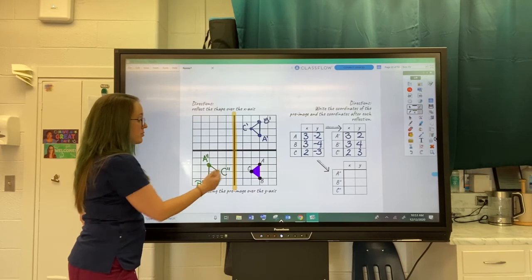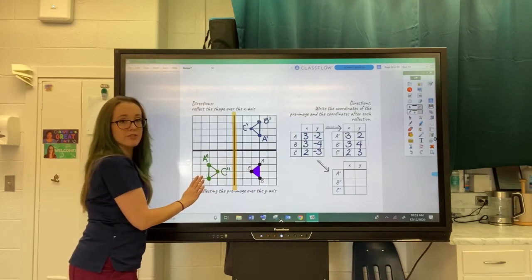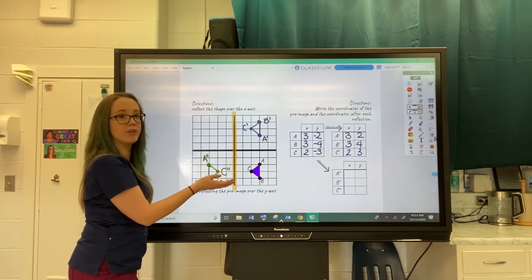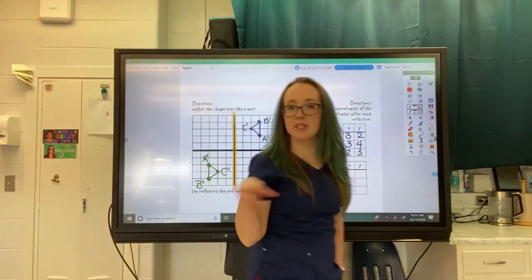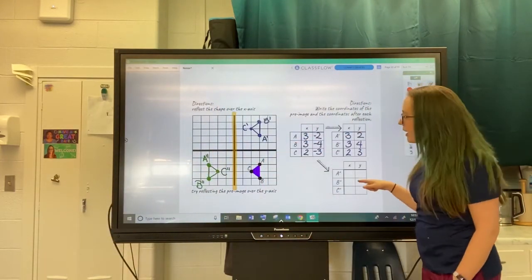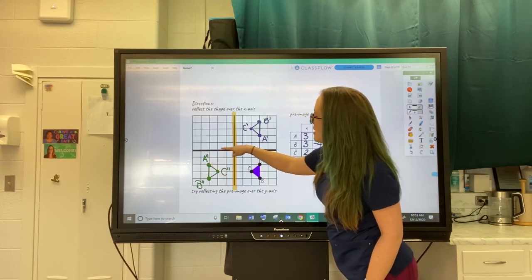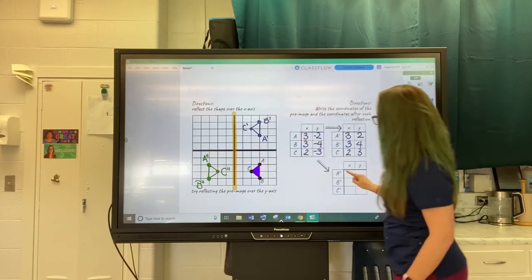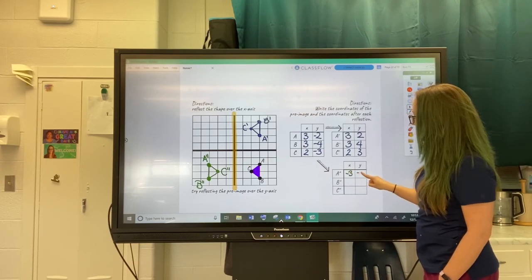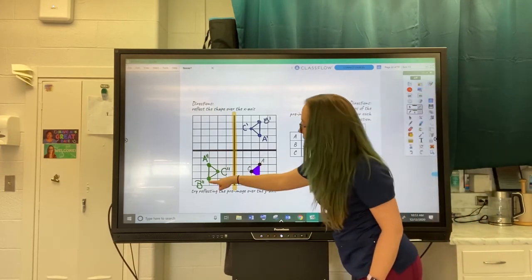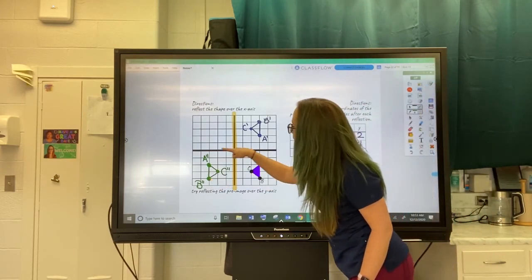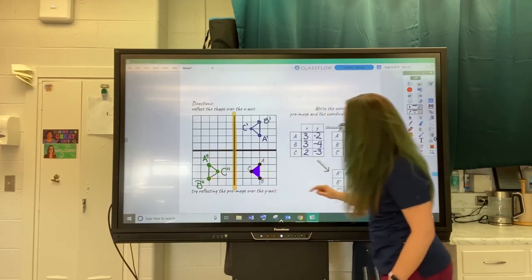And this time it's really easy to see that my triangle has flipped, right? Now it's pointing in a whole different direction. So let's wrap this up and get this example done by writing out some coordinates. The image of A is at -3, -2. B double prime is at -3, -4.